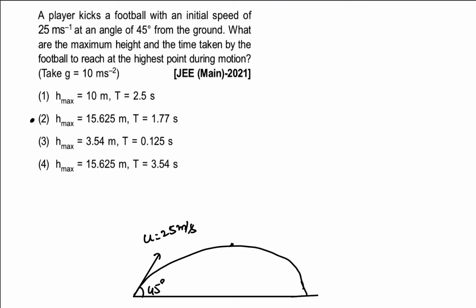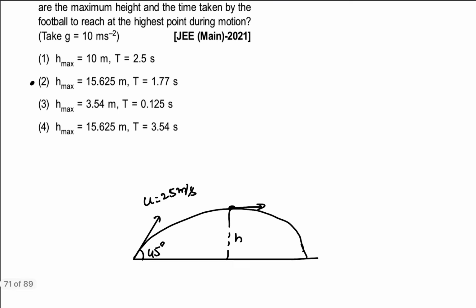What time it reaches the maximum height they are asking. Maximum height means this is only the maximum height. To reach from here to this location, time of ascent is equal to uy divided by g. Now this is a starting point. It is a time of ascent point.